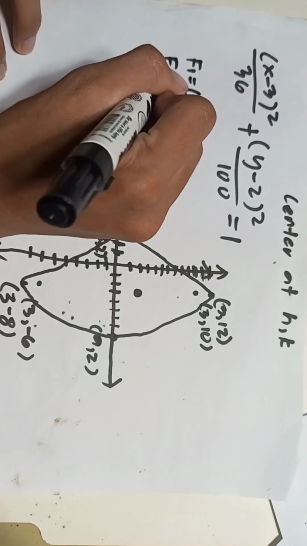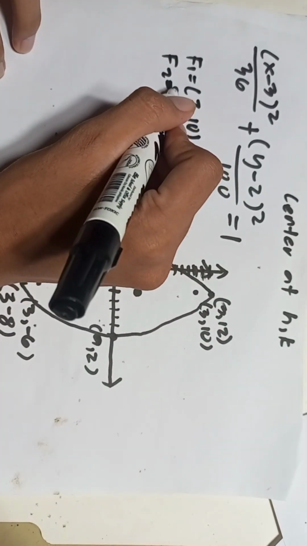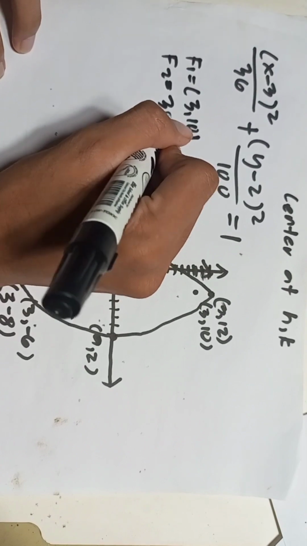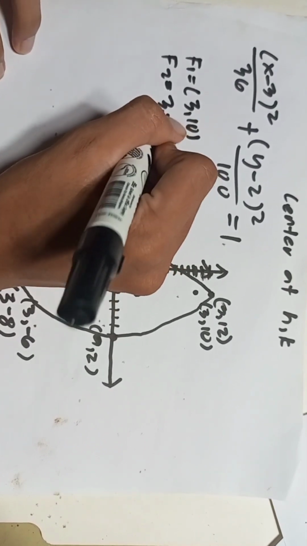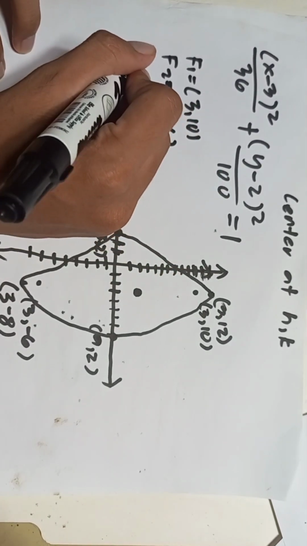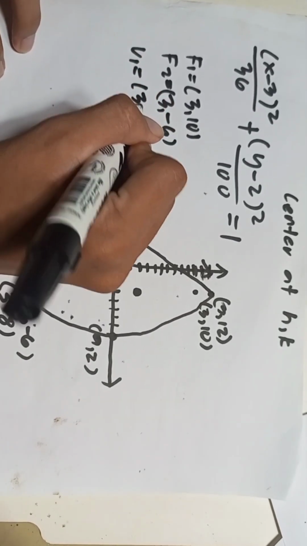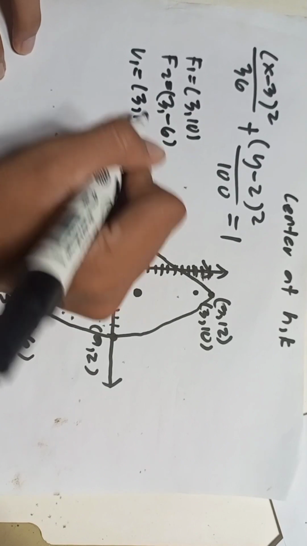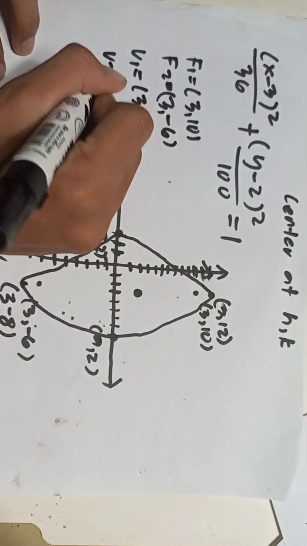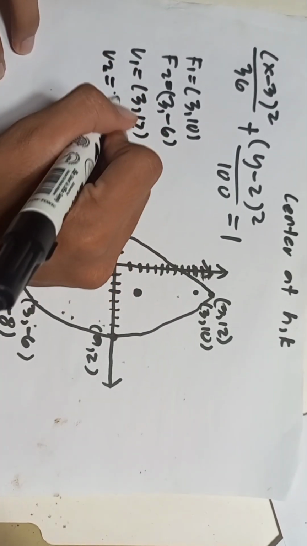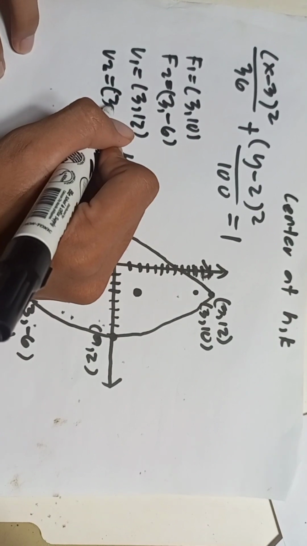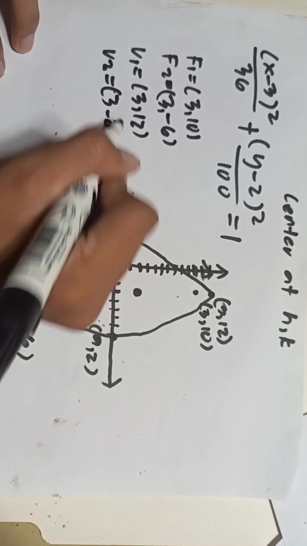F sub 2 is equivalent to 3 and negative 6. Our V sub 1 is equivalent to 3 and 12. Our V sub 2 is equivalent to 3 and negative 8.